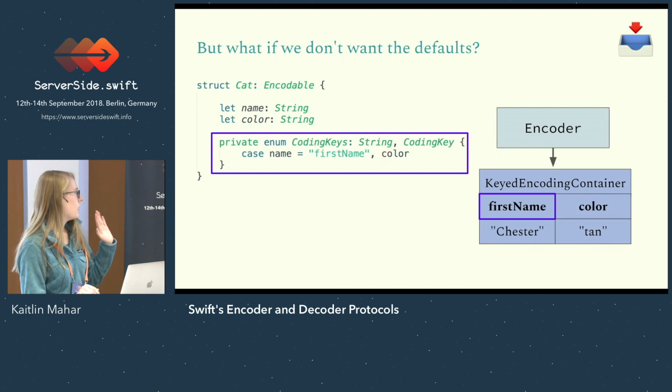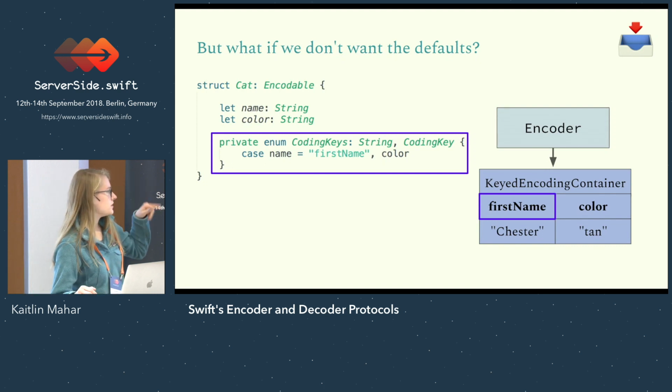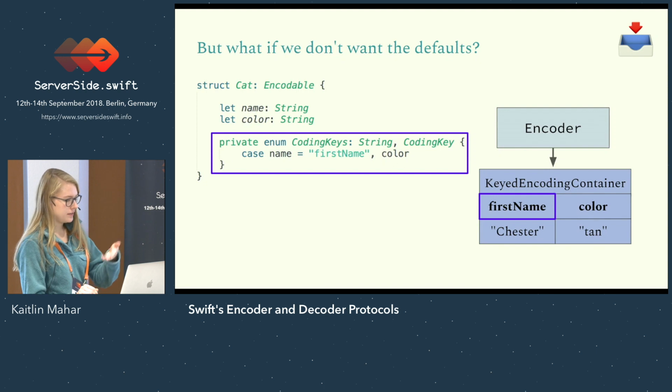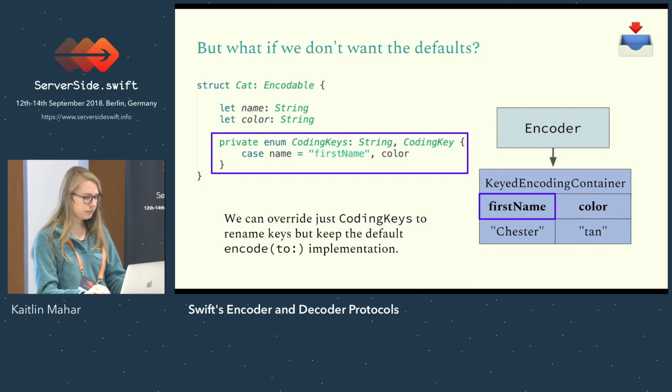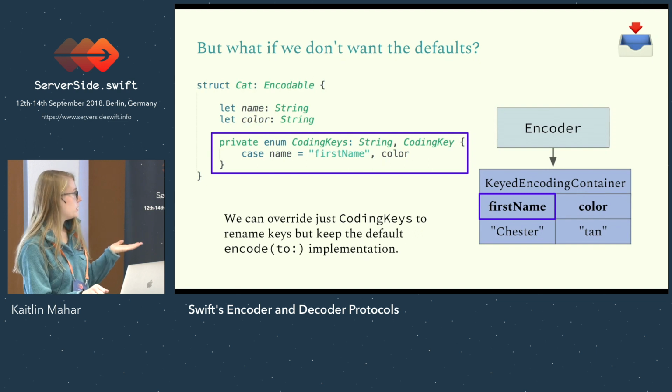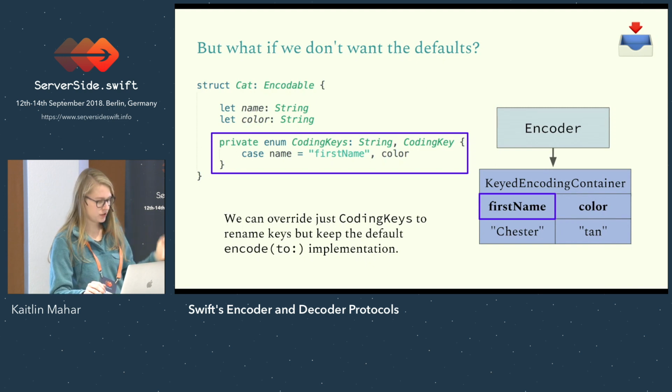I can set name to have a raw value of first name. And then when I encode the properties, it will still use the default encode method, but it will use these key names instead. So then I'll get this structure over here, with first name and color. So you can use this to rename your keys. I could have also renamed color if I wanted, but I can also just keep it as is.